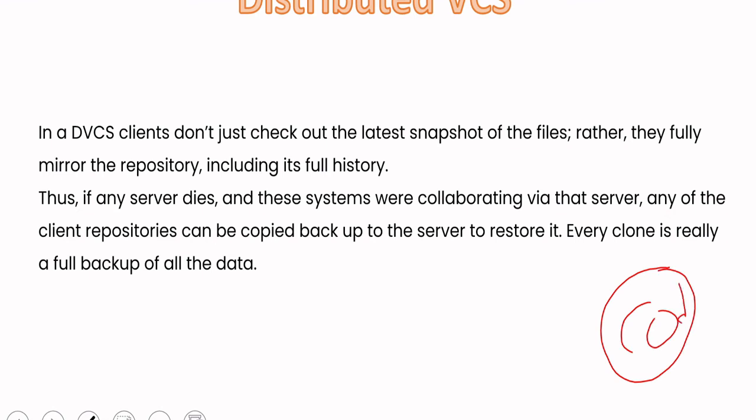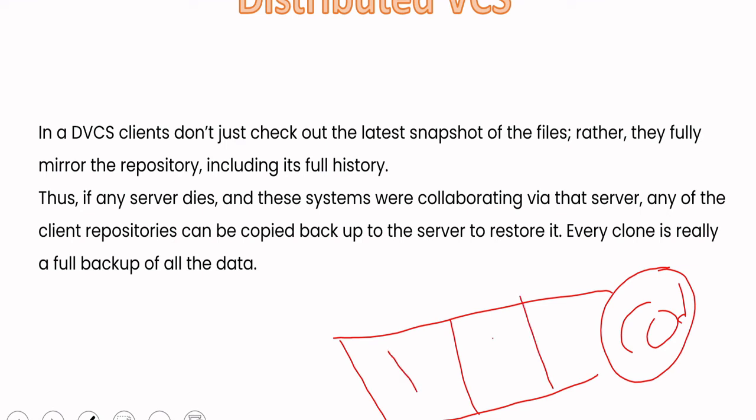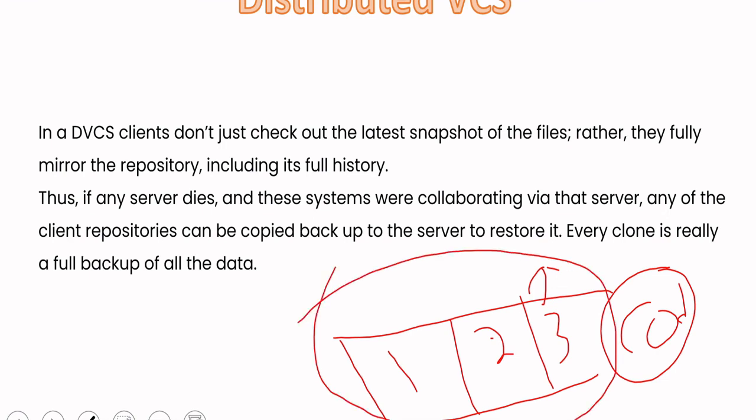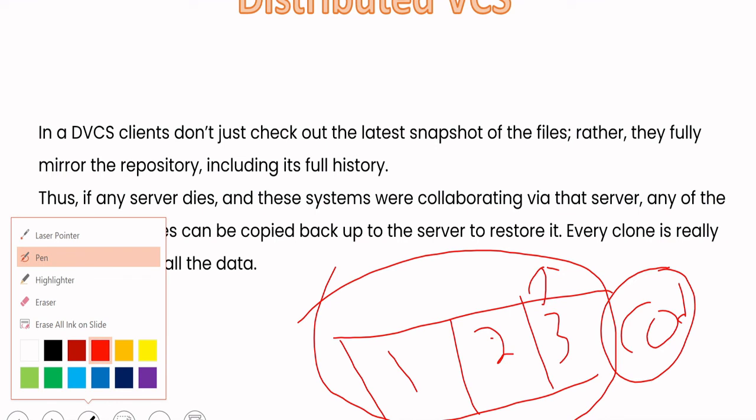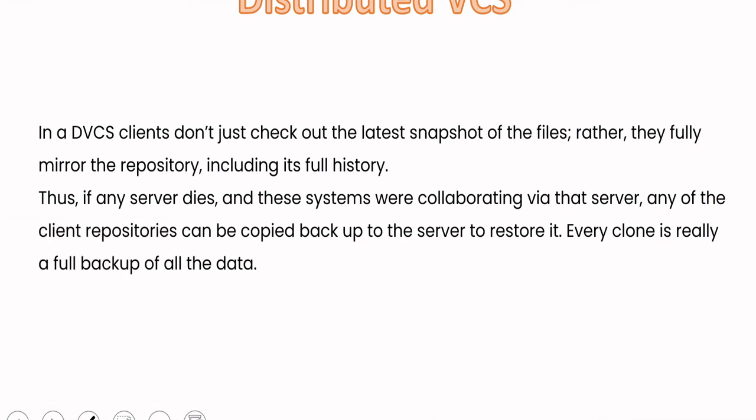For this code, you had the versions like version 1, version 2, version 3, etc. If you go for the centralized server, you have to use the latest version, or you will be understanding the differences between version 2 and version 3. But if you go for the DVCS, you will be taking all these 3 versions into your local system. You will be copying all these 3 versions into your local system.